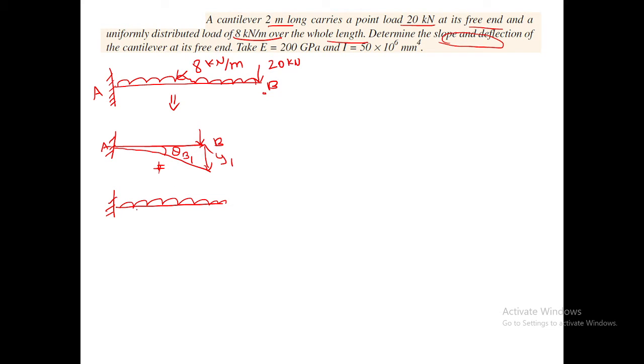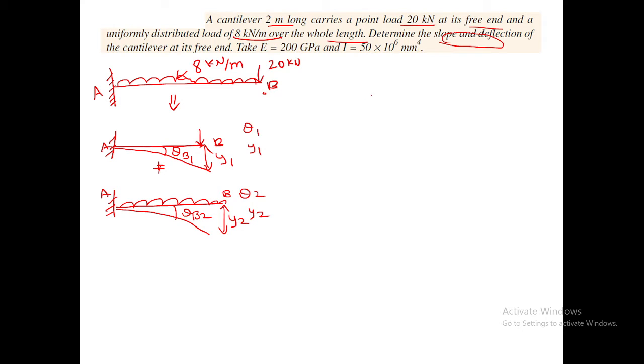The next slope is theta B2 and the deflection is Y2. So here theta 1, Y1 and theta 2, Y2.